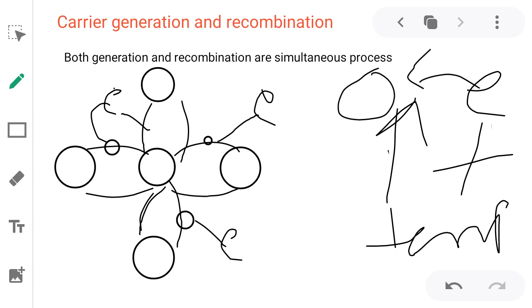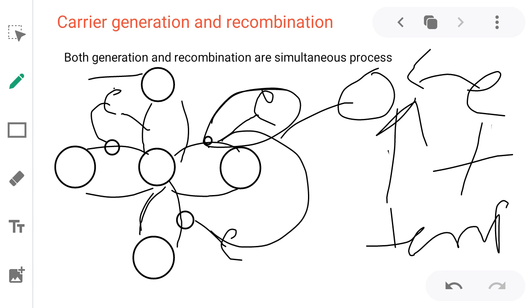This is generation: an electron comes out, a hole is created, an electron hole pair is generated. Recombination: this empty space is filled by another electron, and that empty space is filled by another electron, and so on. This is generation and recombination.